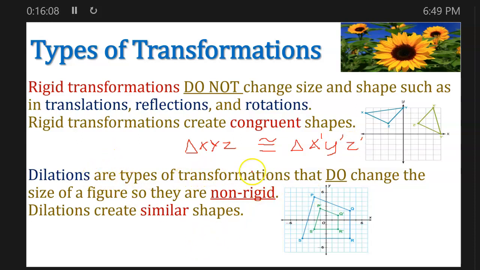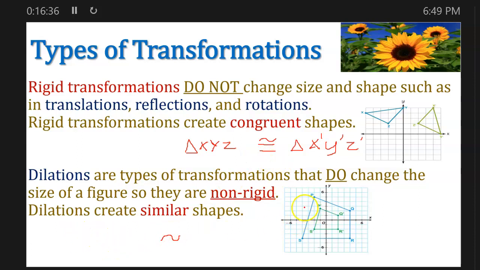Now, dilations are a type of transformation that does change the size of the figure. So they are non-rigid. Dilations create similar shapes, not congruent ones. So remember, similar shapes are when the angle measurements are the same, but the side lengths are different and only proportional to one another. So the similar figure symbol is just the squiggly line without the equals under it.